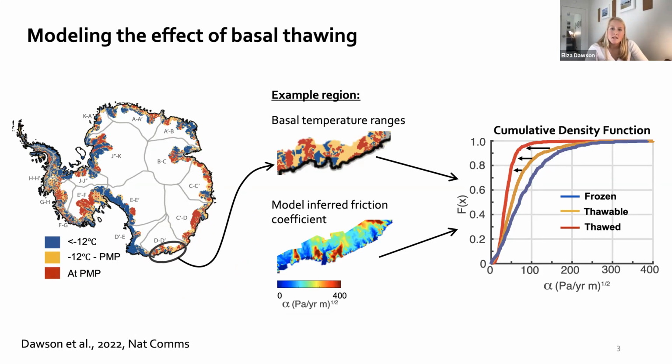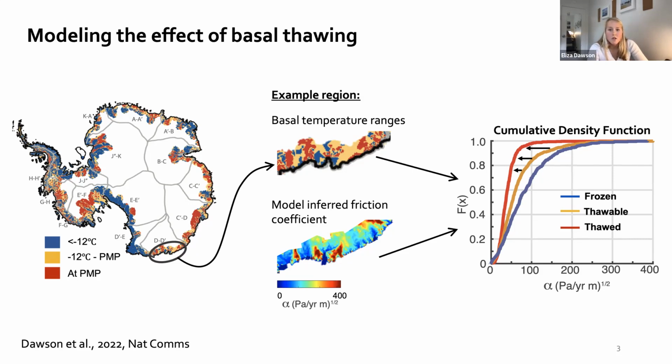What I do is in each drainage basin, which you can see one circled here as an example, I categorize the basal temperatures into thawed, thawable, and frozen based off of temperature thresholds for each experiment. And then I also know the friction coefficients for these regions from my model inversion.